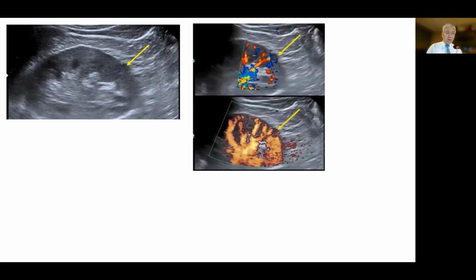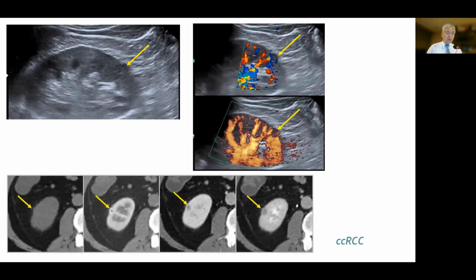But with Doppler ultrasound, it is easy to say that it is a small solid mass with some tumor vascularity, and so most likely a renal cell carcinoma. And CT well shows early strong peripheral enhancement and early washout. So most likely a clear cell renal cell carcinoma, which was confirmed at surgery and pathology.